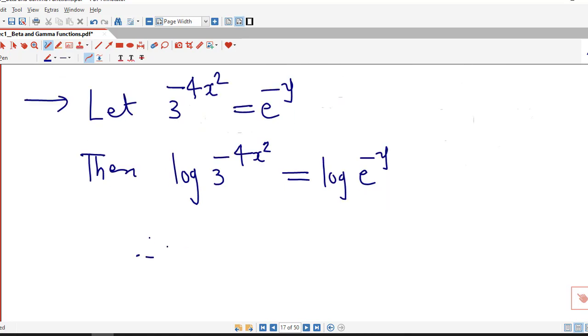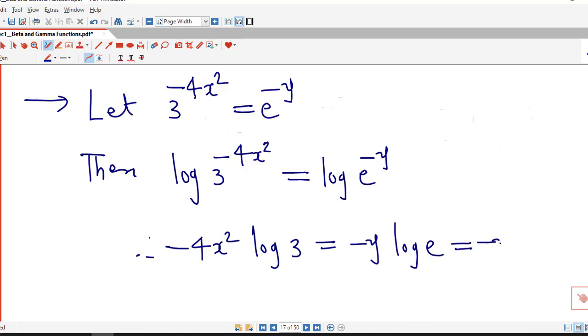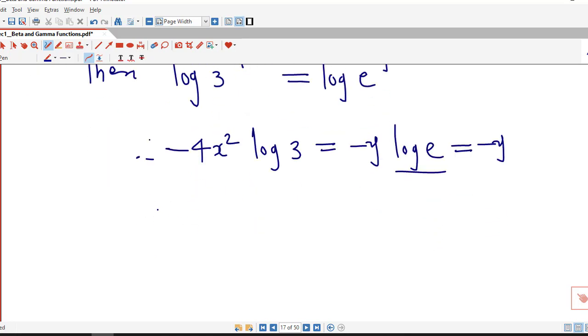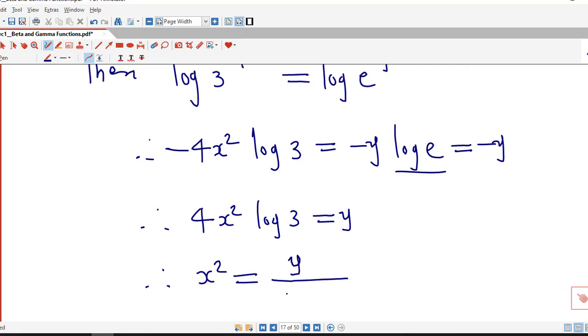Using the property of logarithm, this we can rewrite as minus 4x square times log 3 equals minus y times log e, and because this is natural logarithm, the value of log e is 1. Therefore we obtain 4x square into log 3 equal to y. The negative sign will cancel out, and therefore x square becomes y over 4 times log 3.